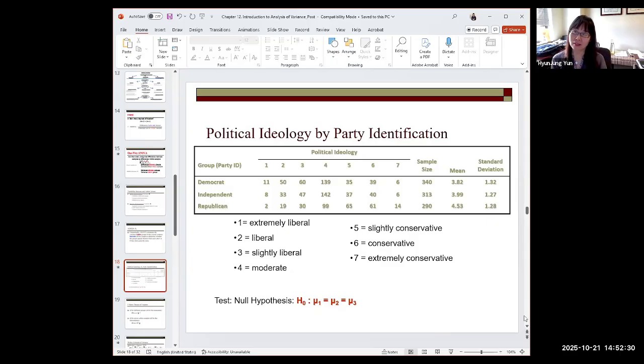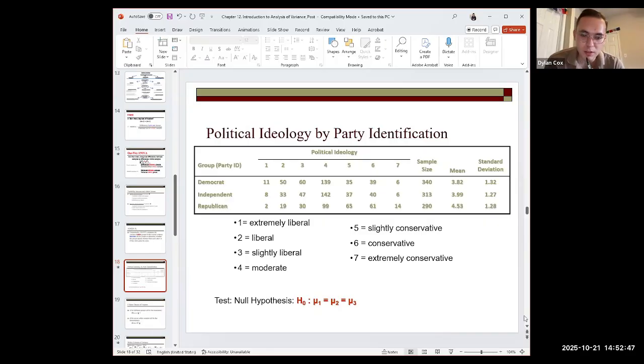In American politics, are political ideology and political party affiliation the same thing? No. Why?